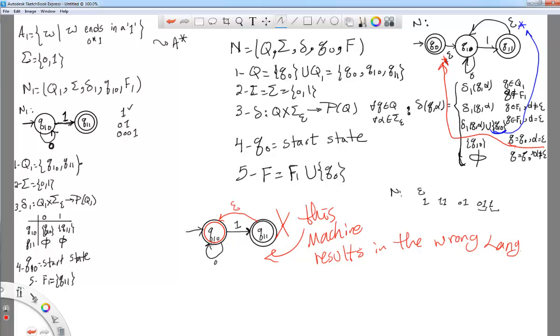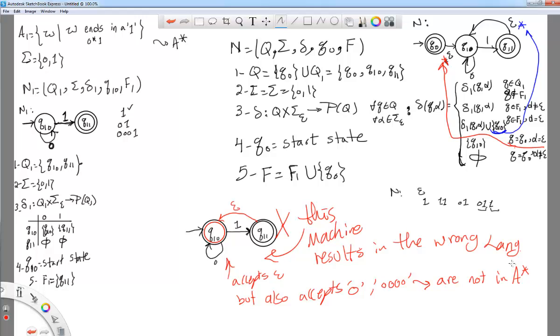Why? Because now this machine does accept epsilon, but it also accepts 0, right? Or 0 0 0 0, because see, this transition, any number of zeros transitions into an accept state, so these are not in A star, right?